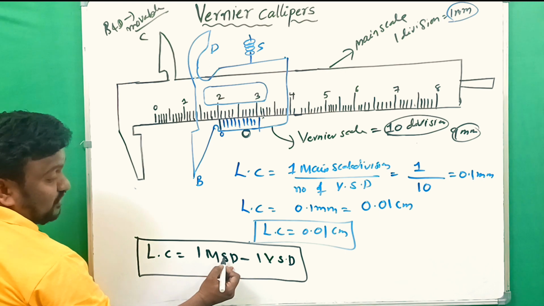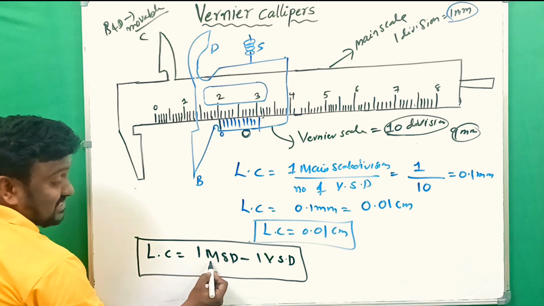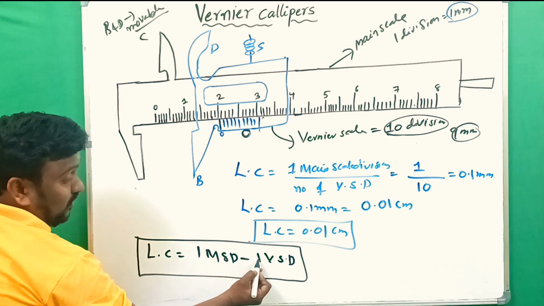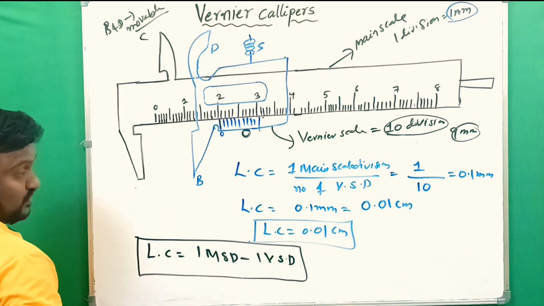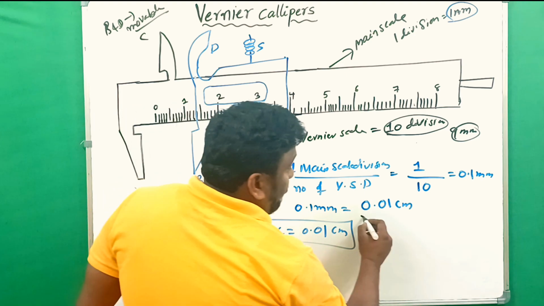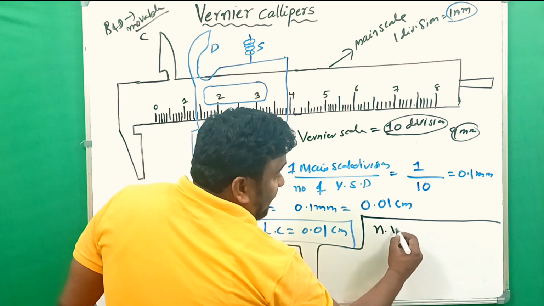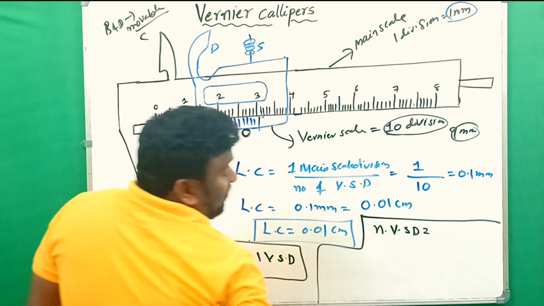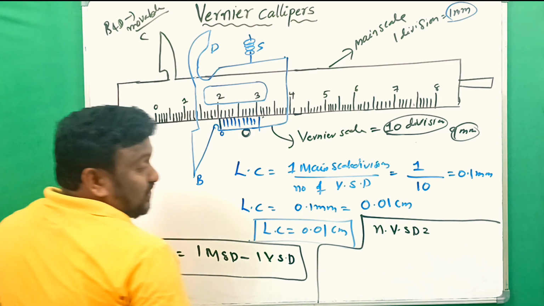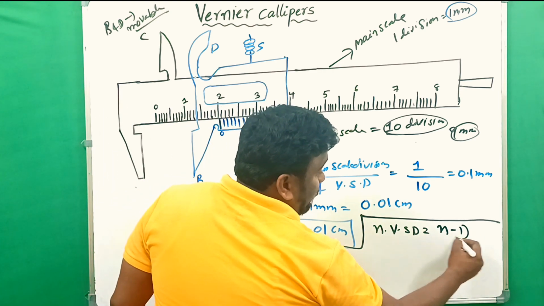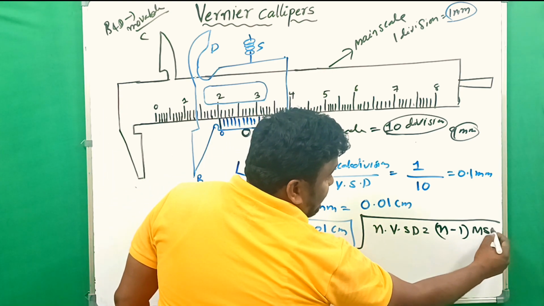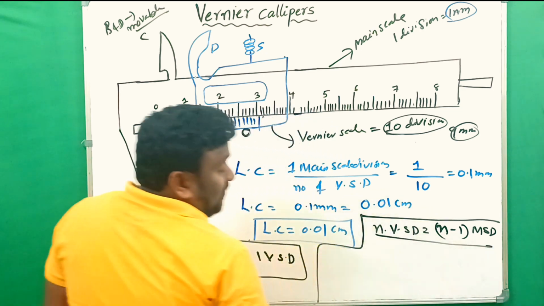Already we discussed that N number of vernier scale divisions equals N minus 1 main scale divisions. This you have to remember.